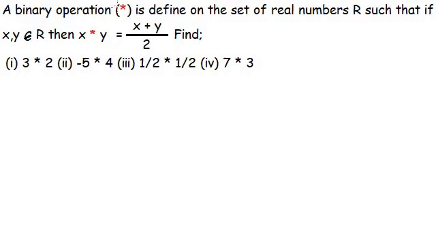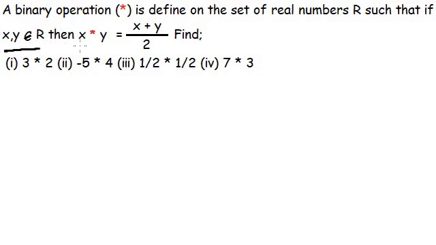As you can see, the operation is asterisk and it is defined on the set of real numbers. Now, if x, y, that is the two values, are from real numbers, then the operation will combine those two numbers to form the third number by just adding the two numbers and dividing this by 2.